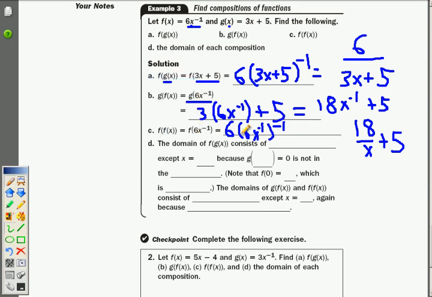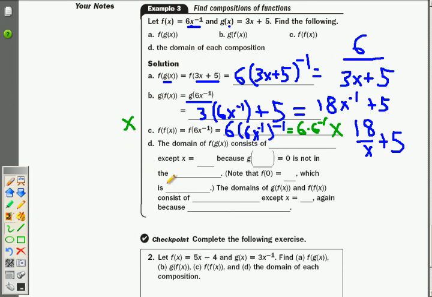I'm going to take the 6 and the negative 1, and what happens is I'm going to get 6 times 6 to the negative 1 x. So negative 1 times negative 1 equals x. Well, these two things right here, 6 and 6 to the negative 1, are going to cancel each other out and leave me with just x on question C there.